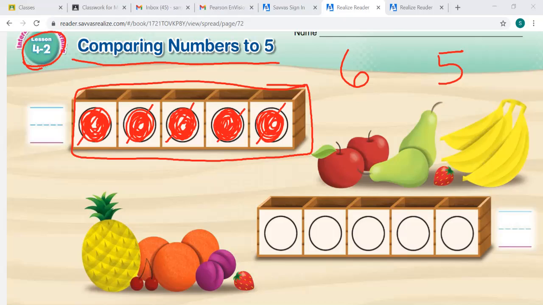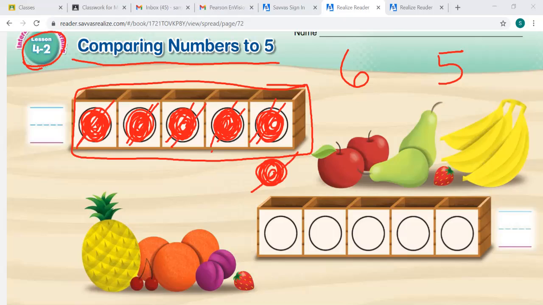Now, let's add one more counter over here. All right, let's count them again and see how many we have with that one extra counter. 1, 2, 3, 4, 5, 6.